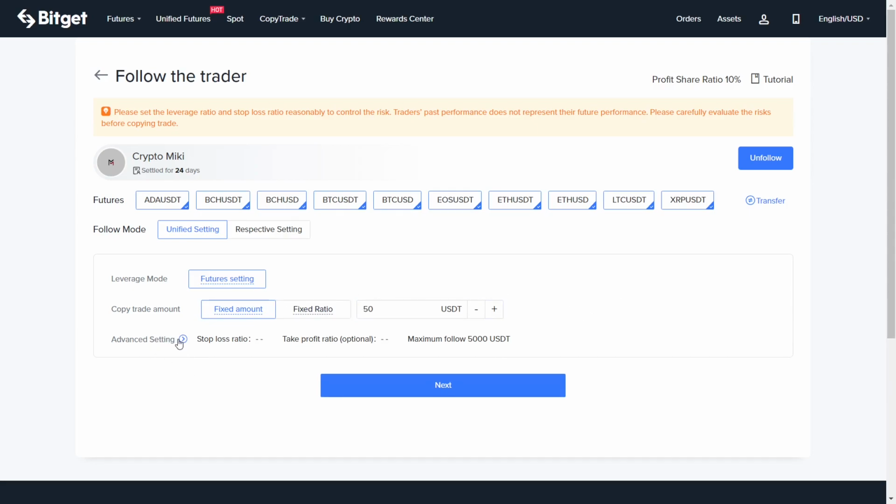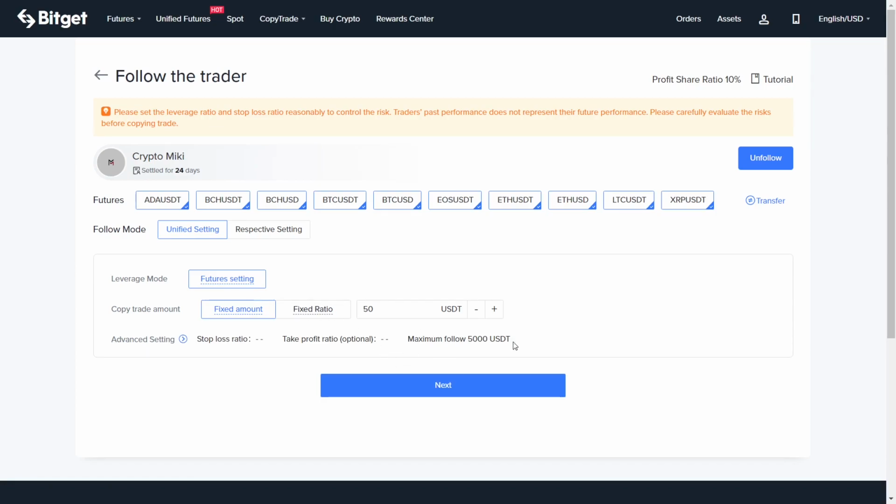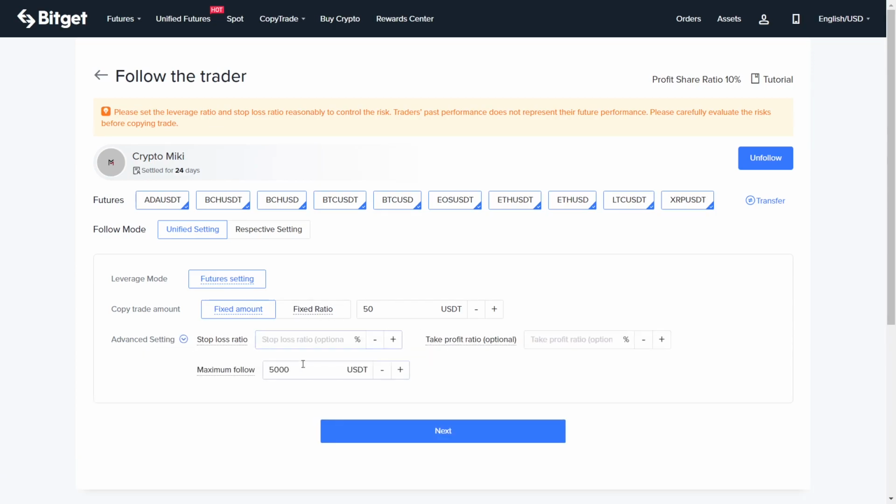So now you can definitely change advanced settings, stop loss ratios, profit ratios. This is all optional, right? But definitely, if you do this, you may risk missing out on some gains, as some people have set stop losses at 50%, and then they ended up losing money when I actually ended up making money, right?